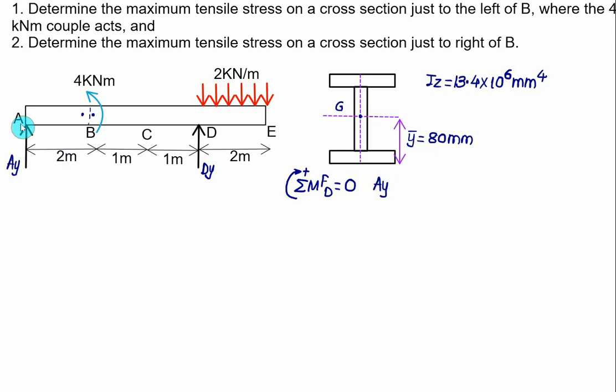The perpendicular distance between point A and point D is 2 plus 1 plus 1, that equals 4. This value is a couple, and this couple is anti-clockwise, so it will be taken as a negative value. For the UDL, the equivalent load is W multiplied by L, which is 1 into 2, that is 2 kilonewton, and this load acts halfway of the 2 meter from the point D, that is 1 meter.